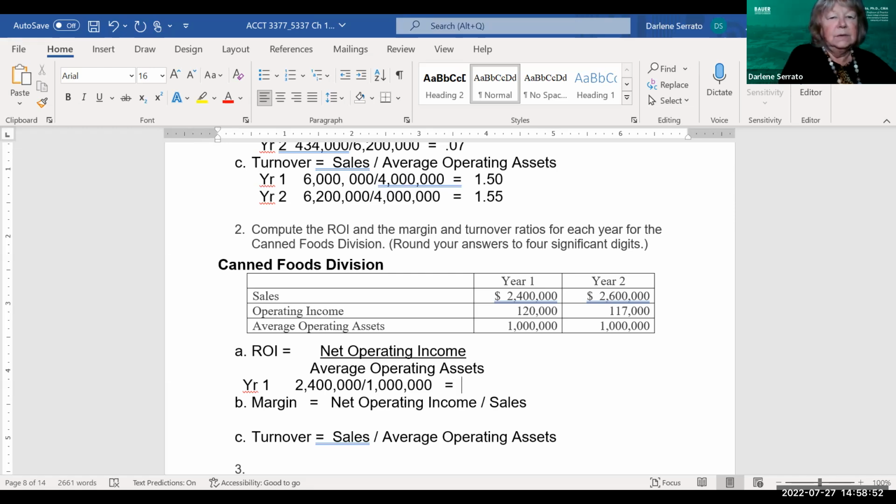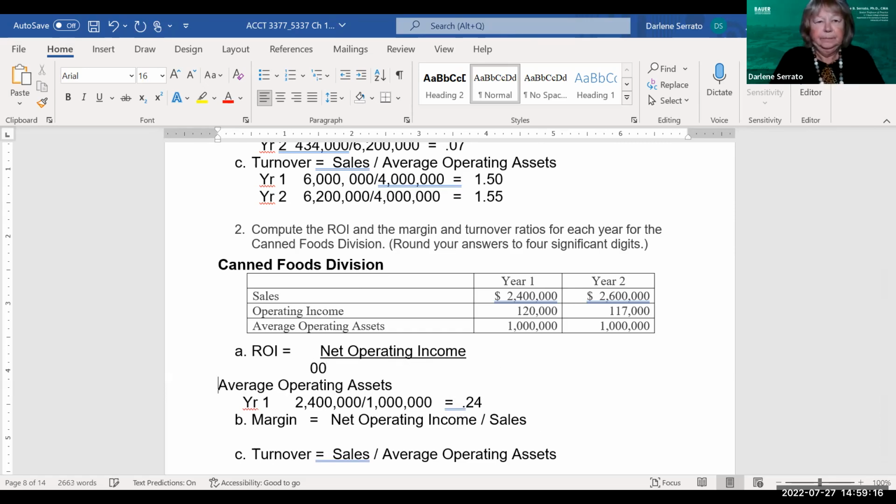That equals 0.2024. Okay. I don't know what I did.